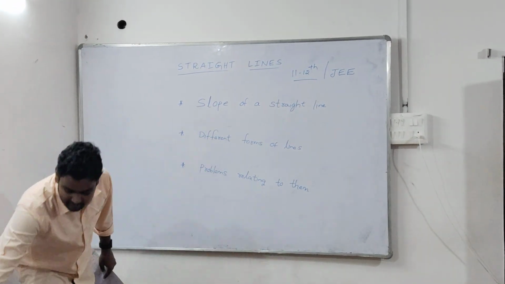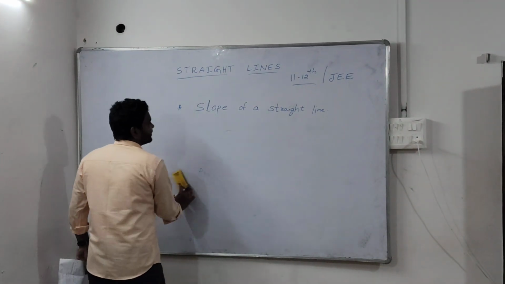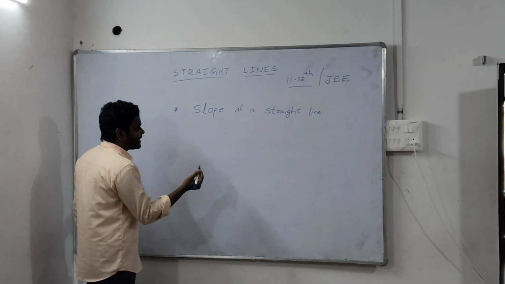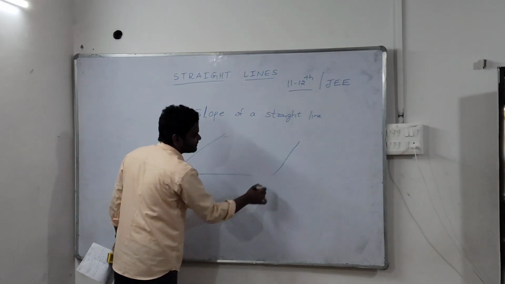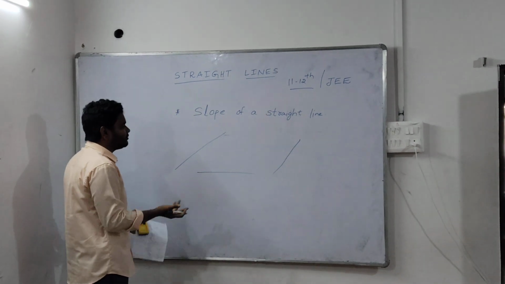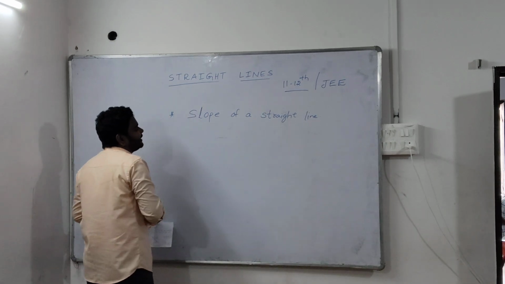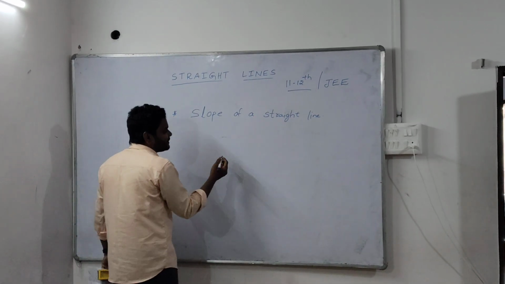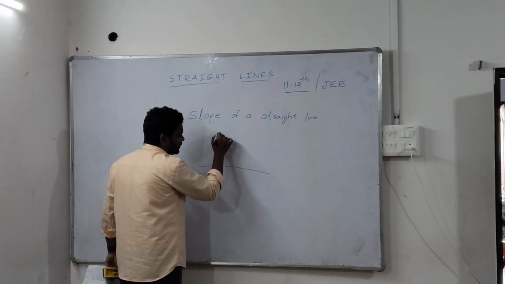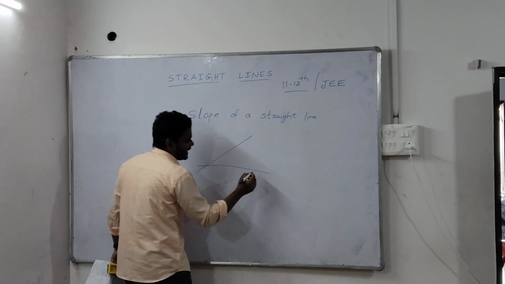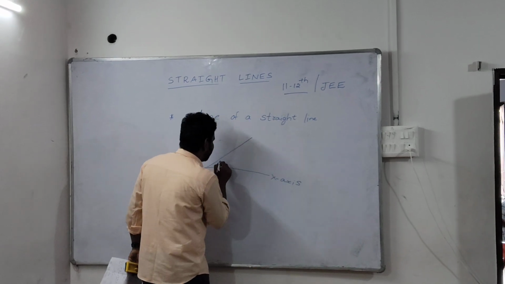Okay. First, we will discuss the slope of a straight line. Basically, how will a straight line look? A straight line will be like this, or like this, or like this. A straight line will be of different forms. Thus we can define the slope of a straight line as the angle made by the line with the x-axis.